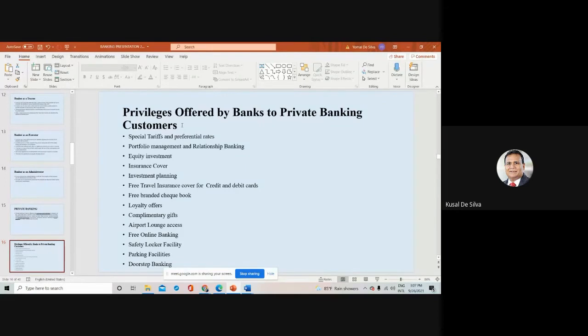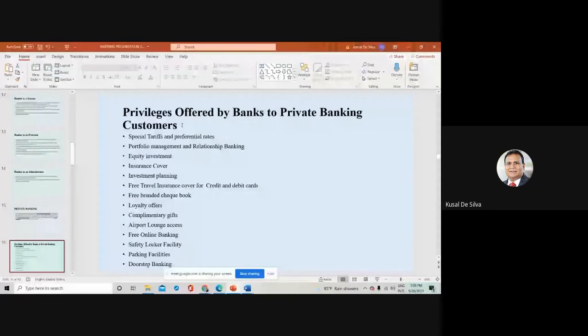So these customers, as I mentioned, are very powerful. Bargaining power is high, and all other banks are also eyeing to capture them at any time. Because of that, they can negotiate with the bank for special tariffs and preferential rates.